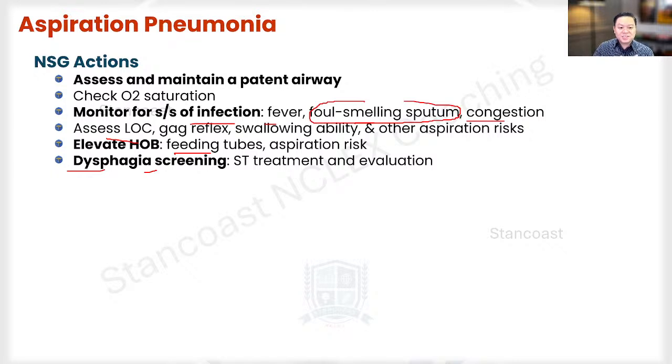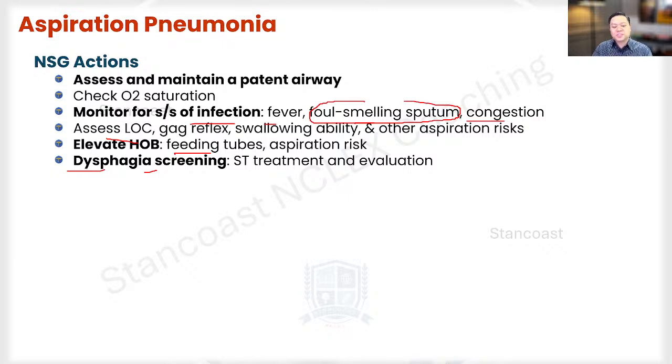This is just a very simple kind of dysphagia screen that we have been trained to do. And so we have to instruct the patient a few things. Let's say having them try to swallow their saliva. And if they can safely manage that, then that's a good indicator.